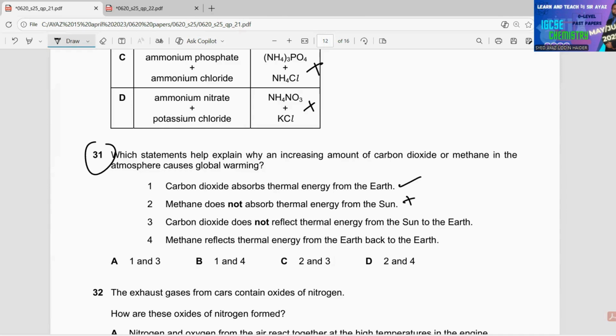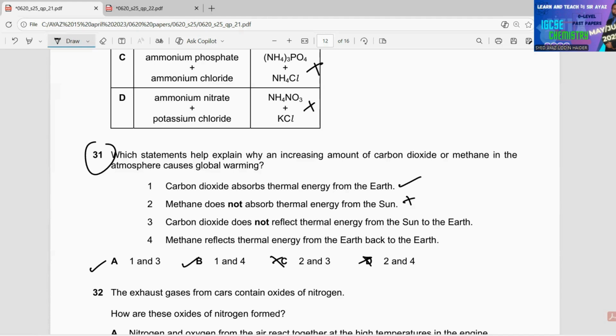3. Carbon dioxide does not reflect. Before going to 3, I will confirm this: C and D are incorrect. Either A is correct or B is correct in this case. So statement 3, carbon dioxide does not reflect thermal energy from the sun to the earth. No, it is reflecting.